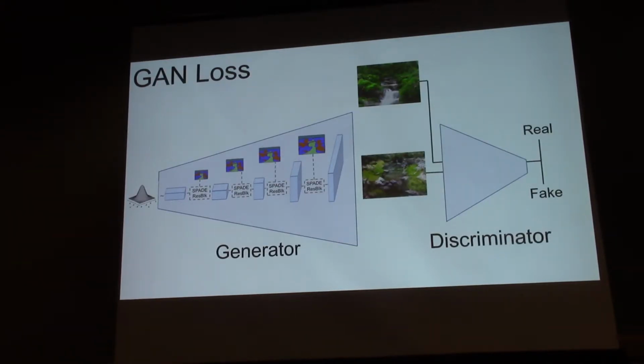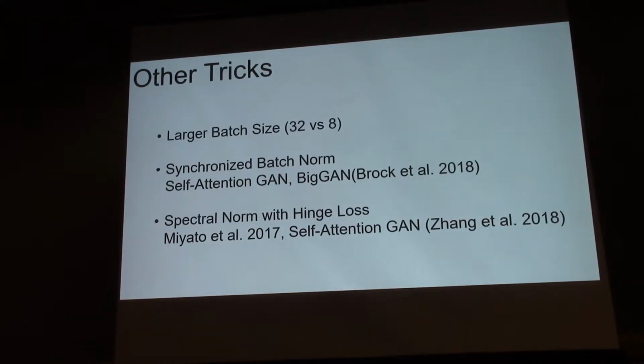We also have GAN loss, like Pix2PixHD, to enhance the visual realism of the output image. We also have other tricks that we use, and it confirms the findings of other GAN papers. For example, we use a larger batch size, and we confirm that it actually helps the output quality of the generated images.